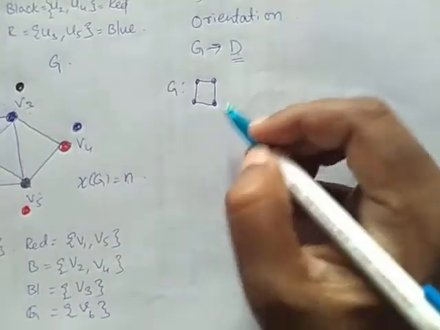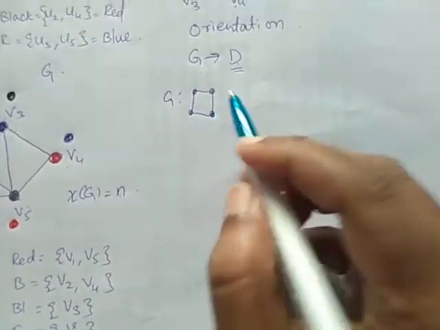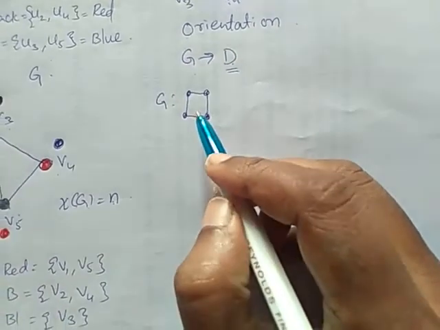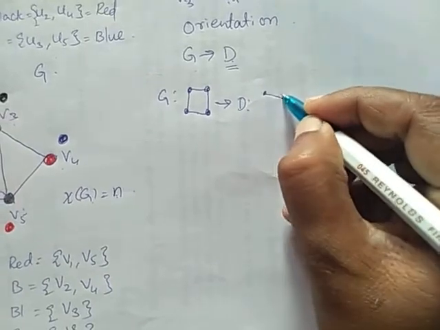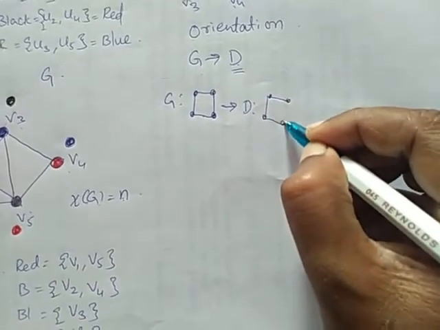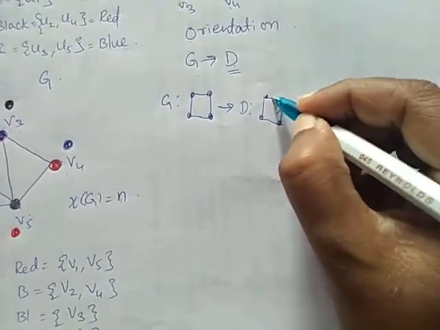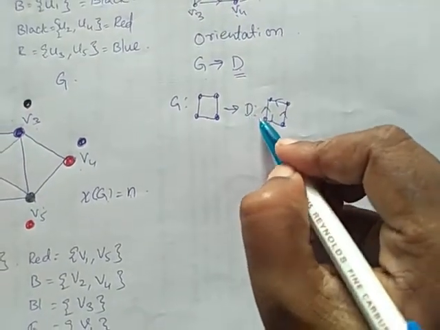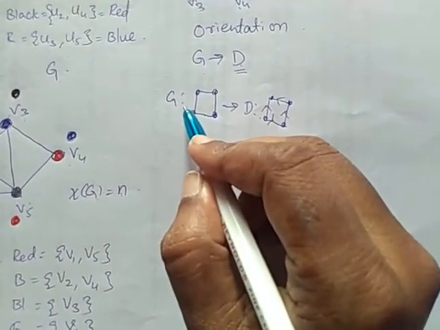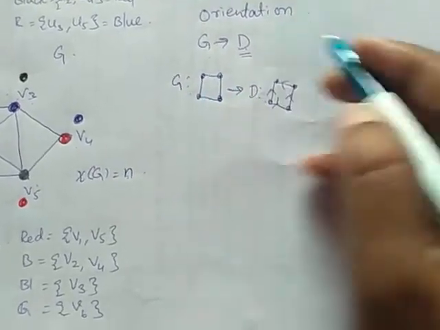It means it does not have direction. It is the underlying graph or undirected graph. From this, if I have a directed graph in this form, then D is an orientation of G.